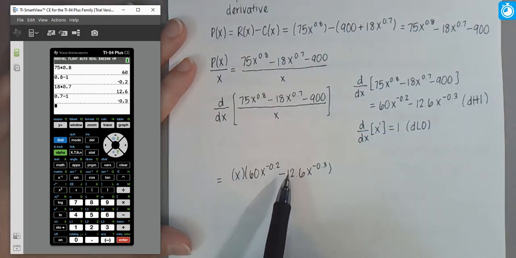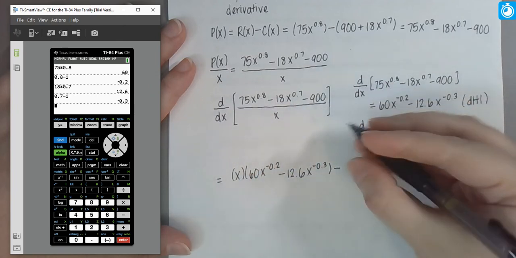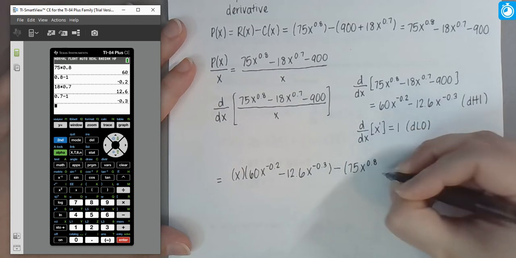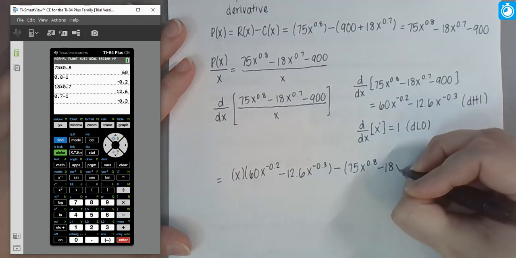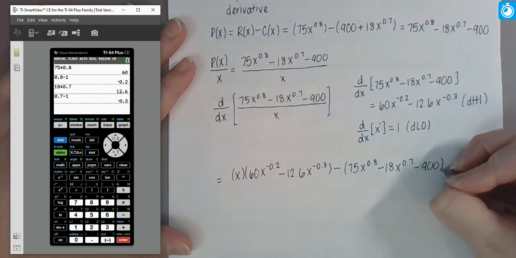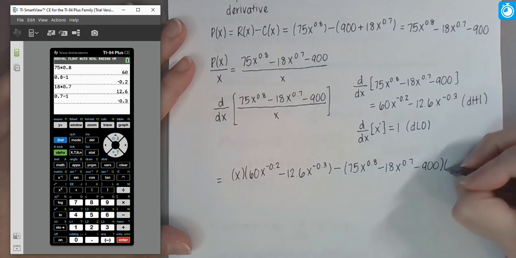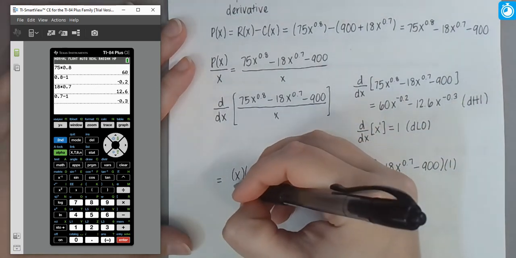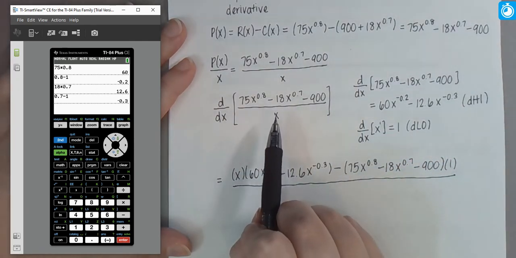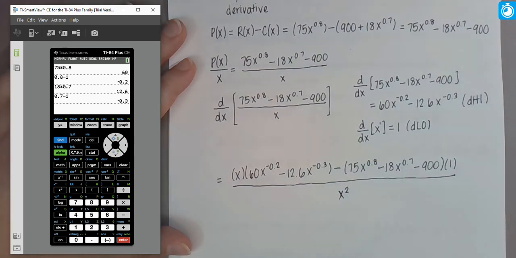So low d high minus high, 75 x to the 0.8 power minus 18 x to the 0.7 power minus 900, high d low, which is 1, all over big fraction bar, all over low squared, so x squared.